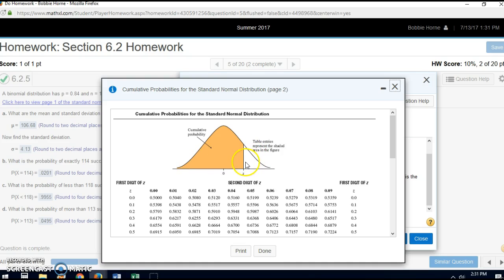This part plus this part adds up to 1. So if you know one part and you need to know the other part, all you do is say 1 minus the part you don't want. So let's look at that now.